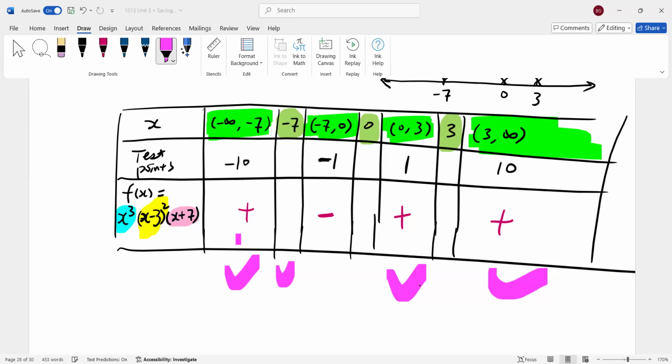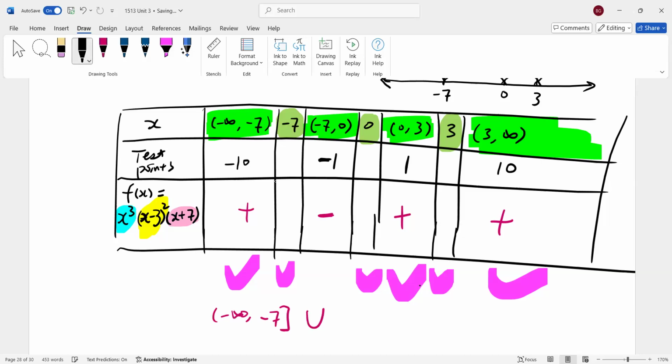Basically, this, this is negative. Yeah, this one, this one, this one. So it is from negative infinity to -7, closed, union 0 to infinity.